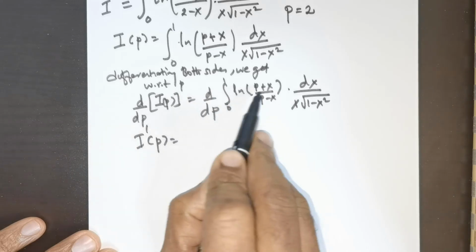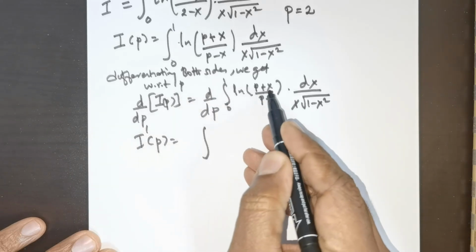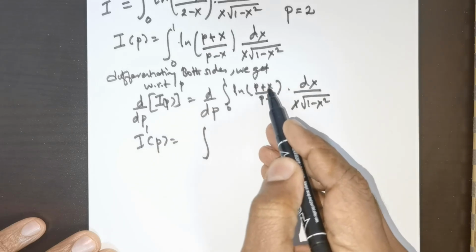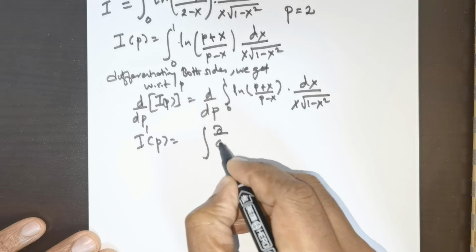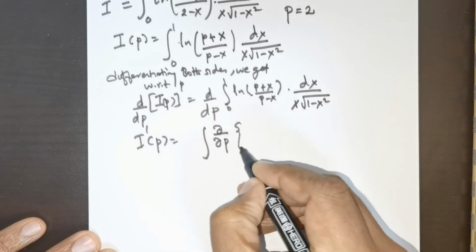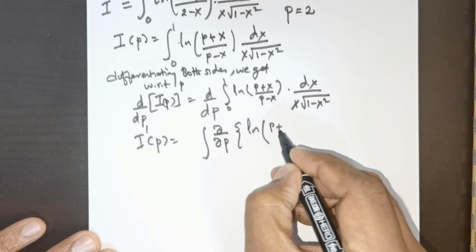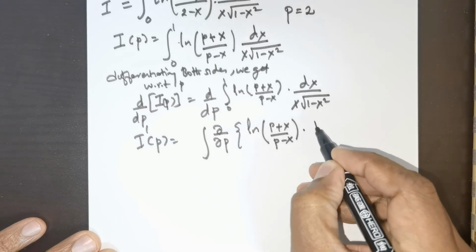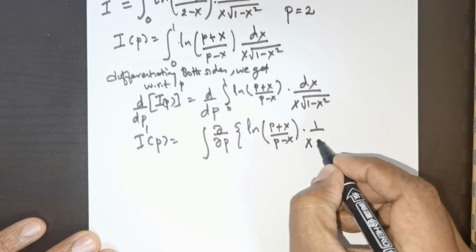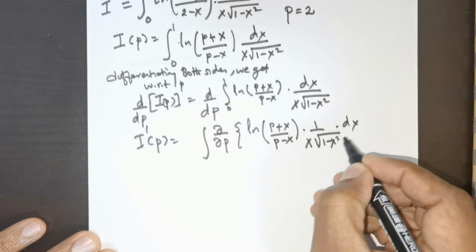I would move this total derivative into the integral. Since I already have a variable x, this is rewritten as the partial derivative with respect to p of ln of (p + x)/(p - x), times 1 over x times the square root of 1 - x squared times dx.